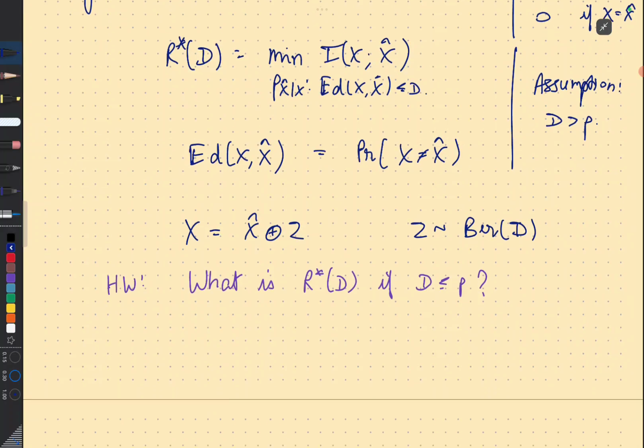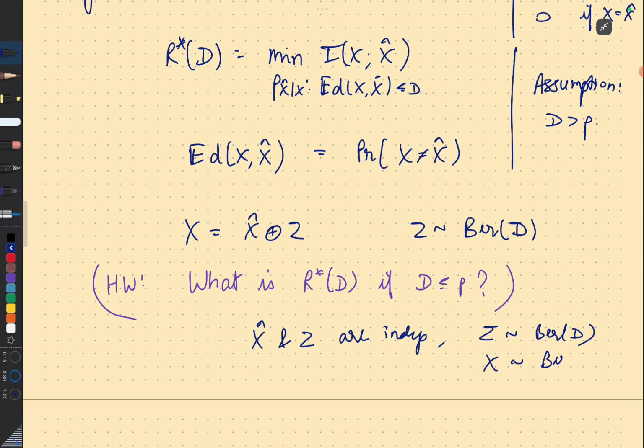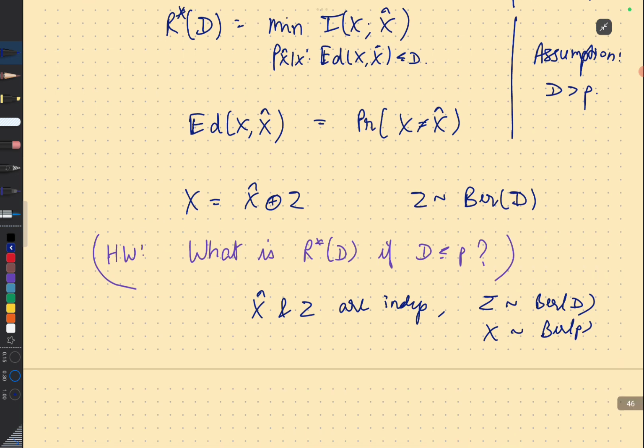Okay, and the assumption is that x hat and z are independent, z is Bernoulli d, x is Bernoulli p.